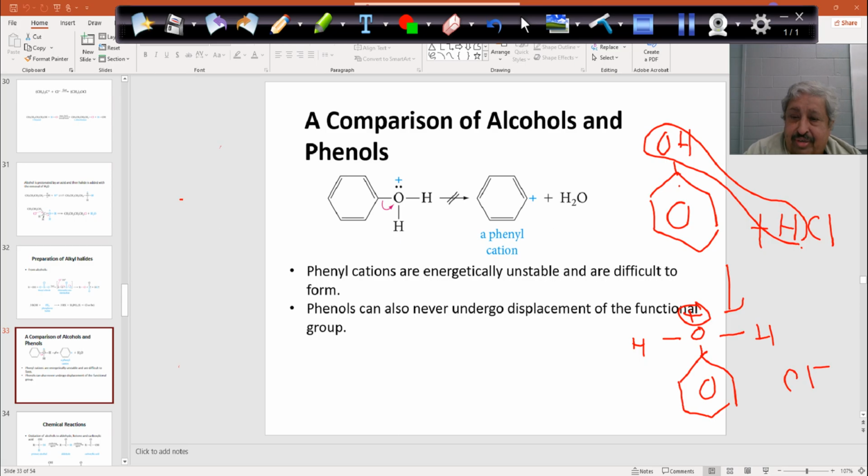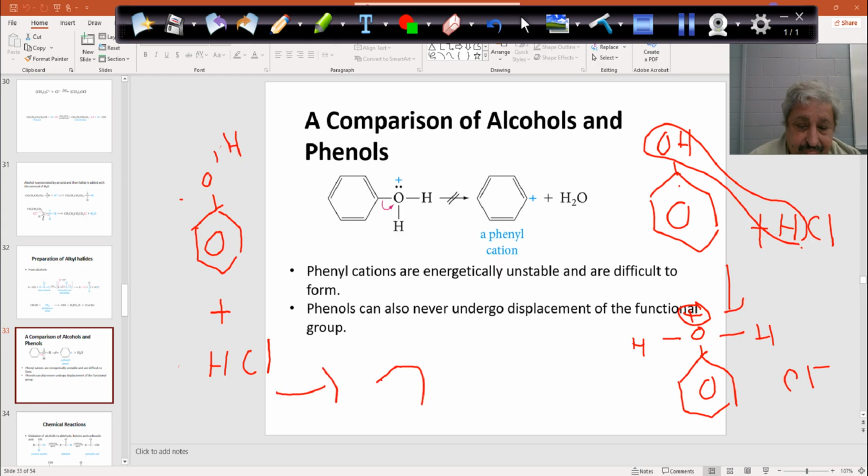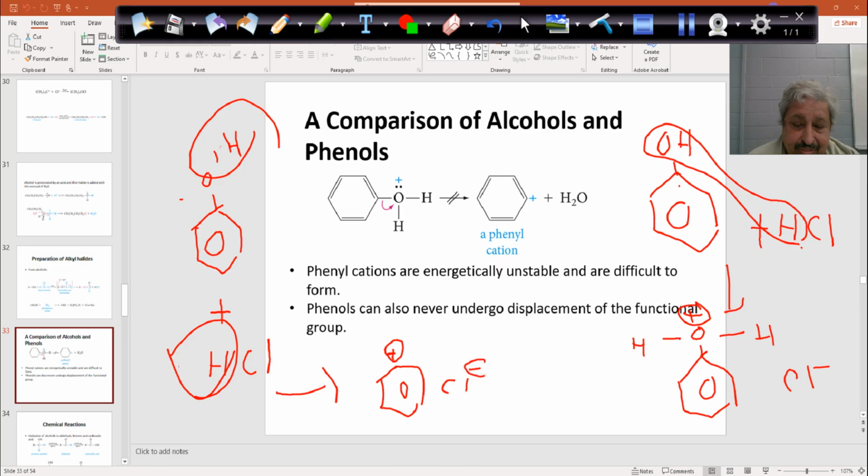If I have a phenol here, for example, and I have OH, and then you add an acid to it, whatever, you cannot produce something like this here. You cannot pull H2O out, and make this one negative, and here positive. This cannot be.